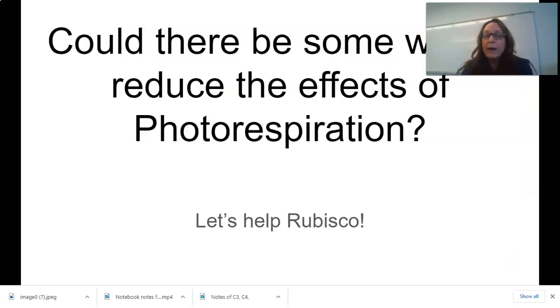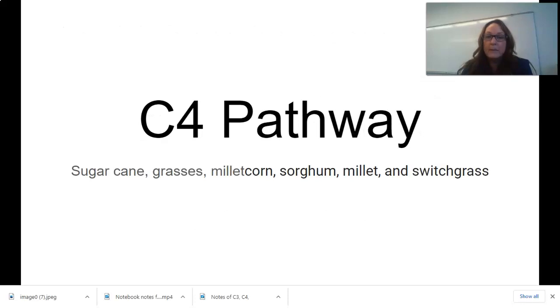So is there some way we can reduce the effects of this photorespiration problem, which happens because in C3 plants, rubisco is exposed to oxygen? Well, there's another pathway called the C4 pathway. Sugarcane, millet, tall grasses, corn, those are probably the most common ones that go through the C4 pathway.